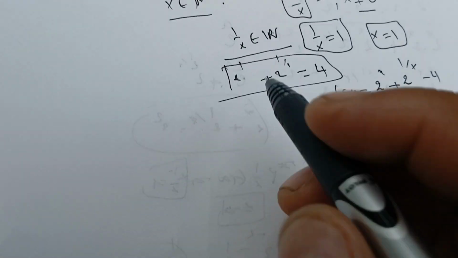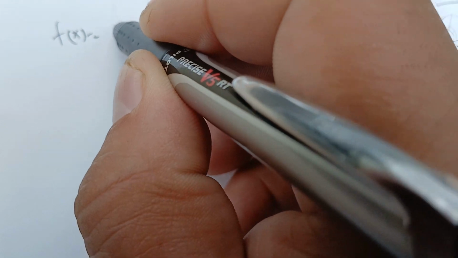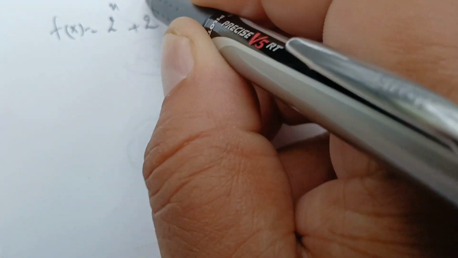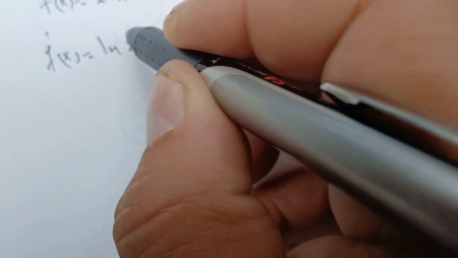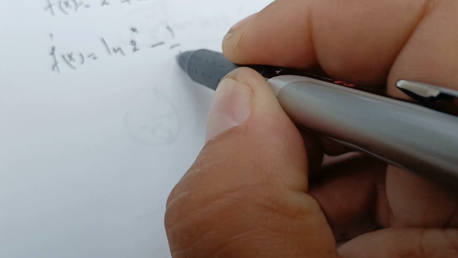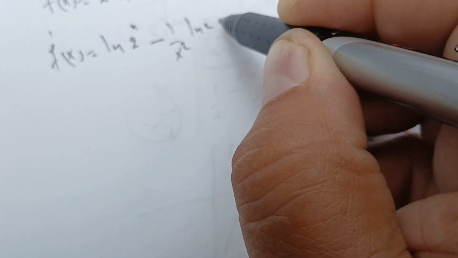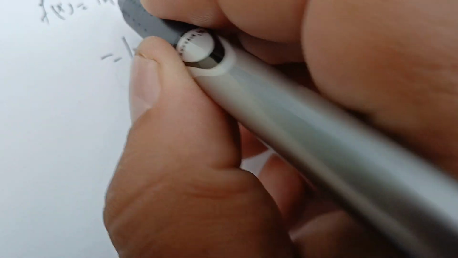We can study this function in detail. f of x, 2 to the power x plus 2 to the power 1 over x minus 4. When we differentiate, f prime of x, we get ln 2 times 2 to the power x minus 1 over x squared times ln 2 times 2 to the power 1 over x. So here we factor by the log of 2, and we get 2 to the power x minus 2 to the power 1 over x, over x squared.